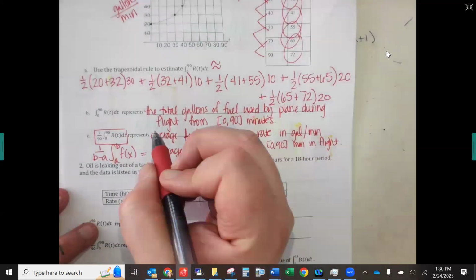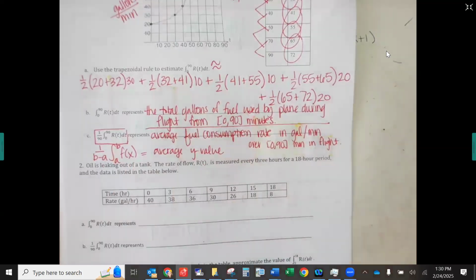Okay, so I know it's kind of confusing that they look so similar. But if they put the 1 over b minus a in front of it, then that's going to turn it back into a rate like it was at the beginning. Okay, so let's try the next one.